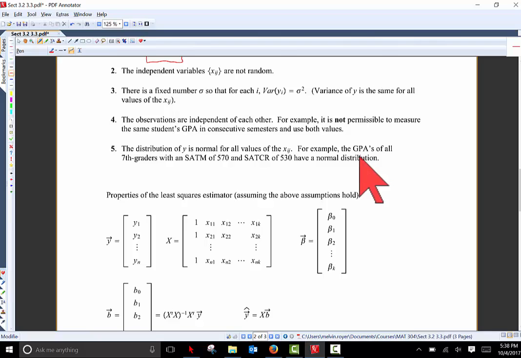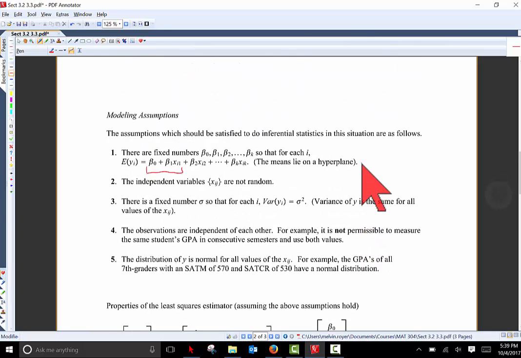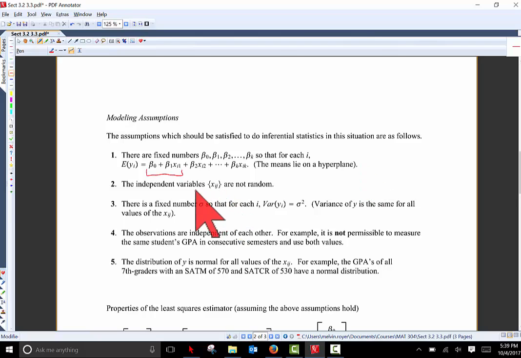Of all of the students who have both of these SAT scores, their GPAs should be approximately normal. Notice one thing that's not being said, and that is that the X's, the predictors or inputs, don't have to be normal. It's the output that needs to be normal. The input, as long as it satisfies the other conditions, can be however shape it wants to be. Outliers are still a problem, though.